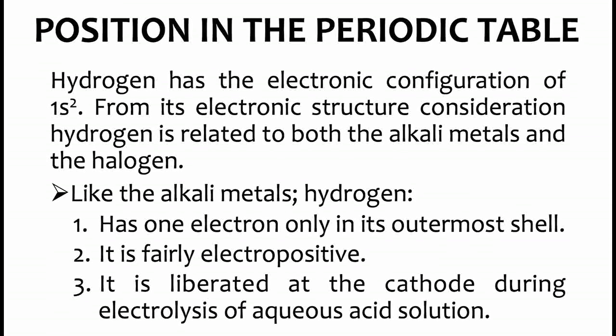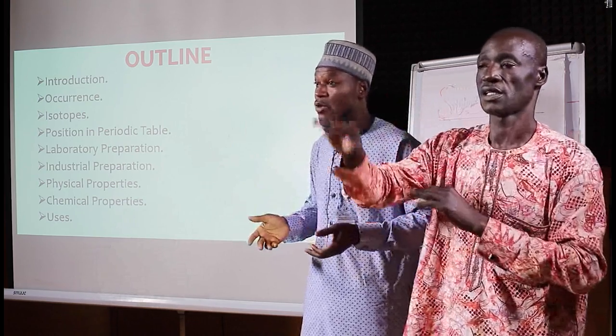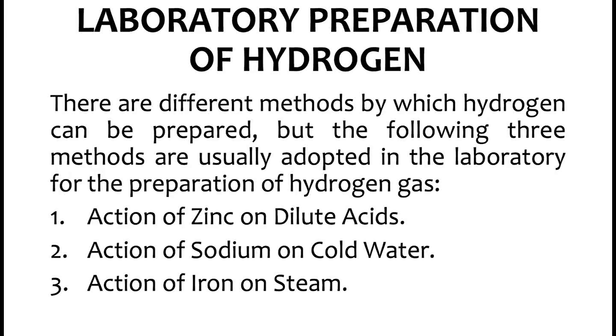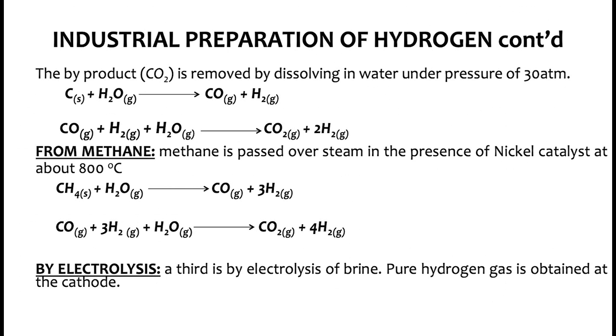On the position in the periodic table, we agreed that it can be placed under group 1 due to some properties, such as the fact that it has only 1 electron, and it can be placed under group 7 because it is diatomic in nature. We prepare it in the laboratory by the action of zinc on cold water, and so on and so forth. In the industry, we can prepare it using the Bosch process and some other processes like electrolysis, and we can also produce it from methane, which is natural gas.